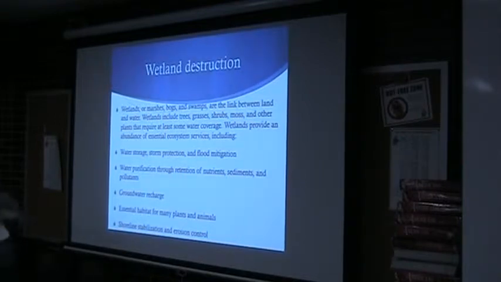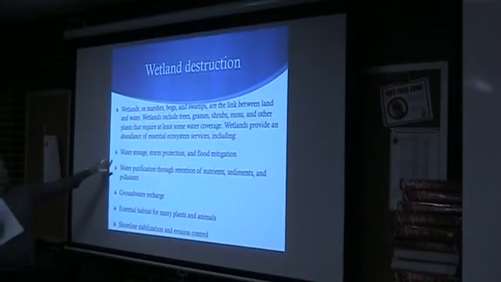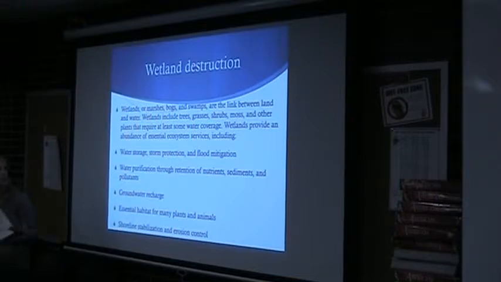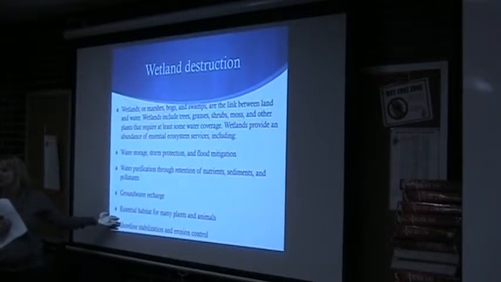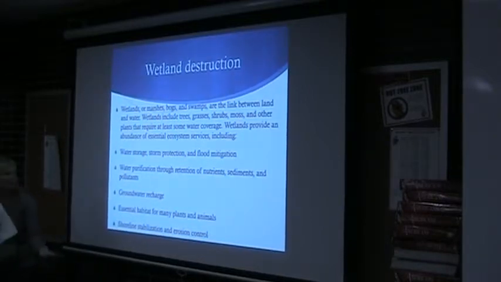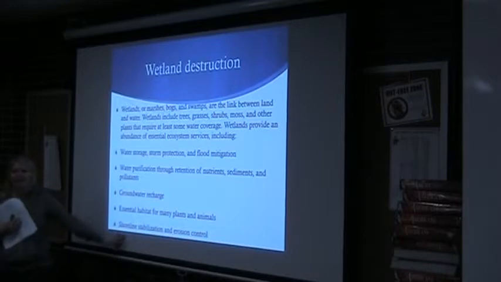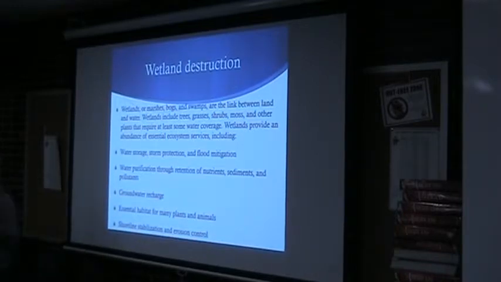These are some of the things that they do: water storage, storm protection. They help absorb flood waters, so when they're gone or used for other purposes, we're really concerned when it rains too much and there's nowhere for the water to go. They purify the water, groundwater recharge, habitat, of course, for tons of animals and different species. They prevent erosion. Wetlands do all this good stuff for Earth.